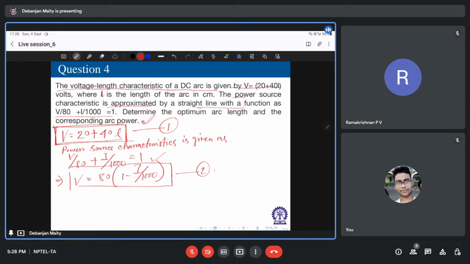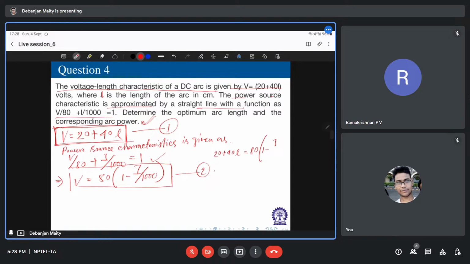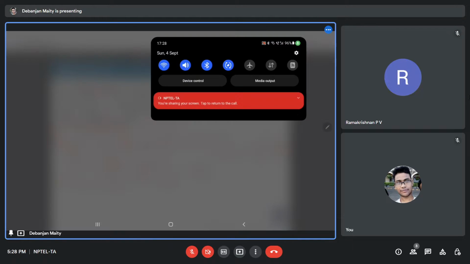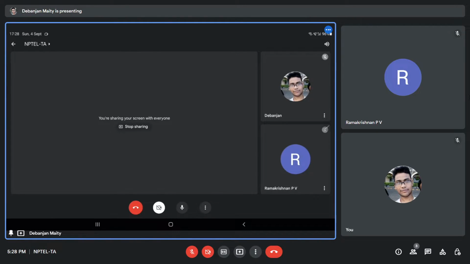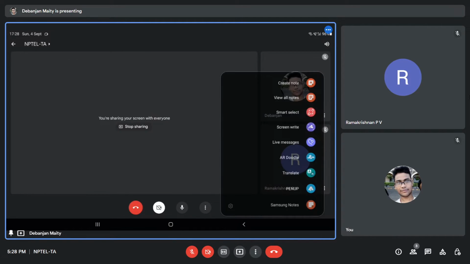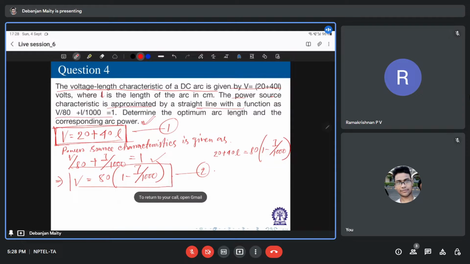So if we equate these two voltages, from here we can find out a relationship between length and I. So your I will be how much?